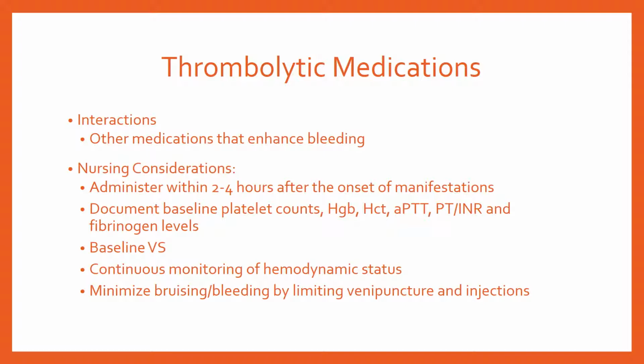Your nursing considerations are to administer within 2 to 4 hours after the onset of manifestations. Document baseline platelet counts, hemoglobin, hematocrit, PTT, PT-INR, and your fibrinogen levels. Baseline vital signs, continuous monitoring of hemodynamic status, and minimize bruising and bleeding by limiting venous puncture and injections.